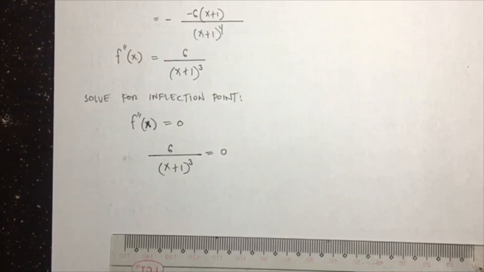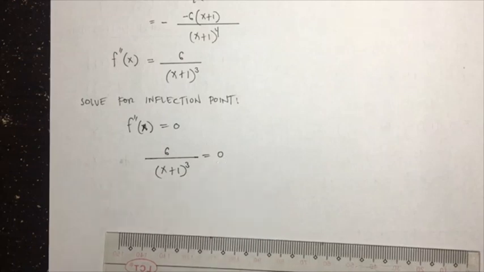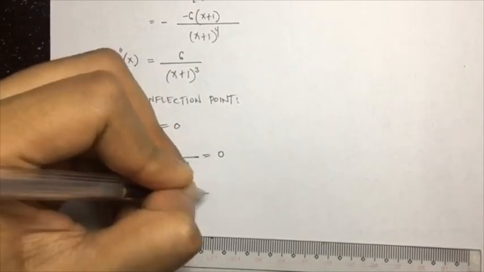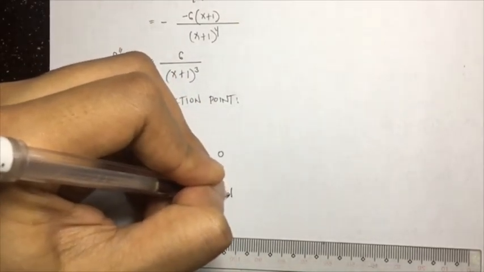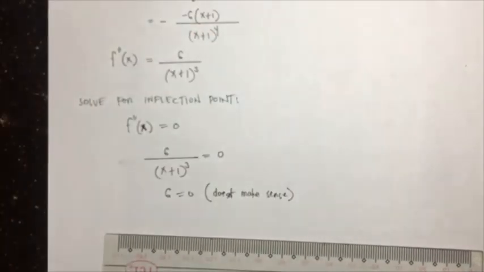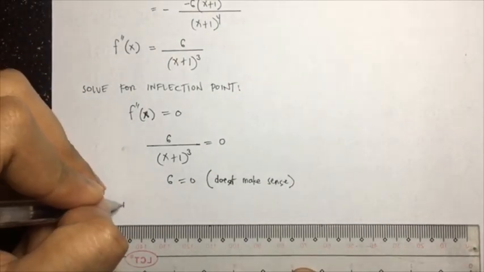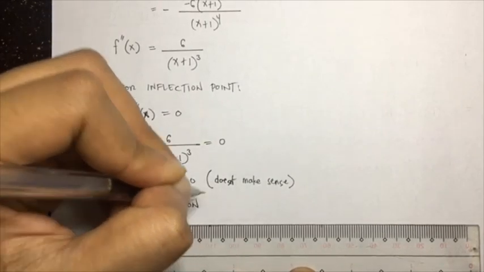We don't have any values for x that will satisfy such equation, because if we cross multiply the denominator to the other side, it will become 0. So what will remain is 6 is equal to 0, which doesn't make sense. Therefore we don't have an inflection point. So there's no inflection point.